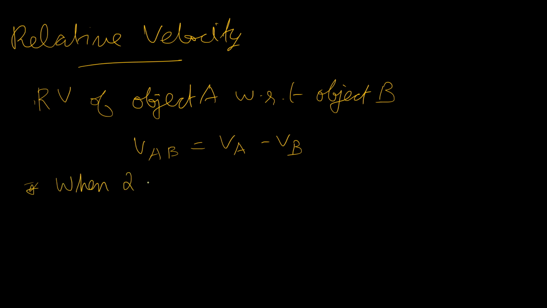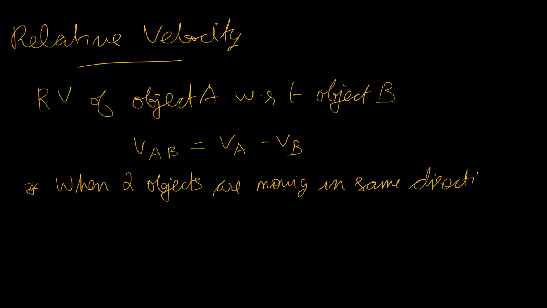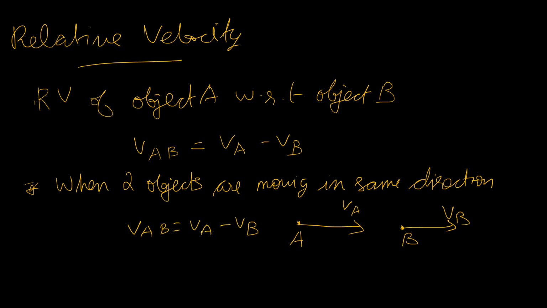When two objects are moving in the same direction, that is, object A is moving east, or to the right, with the velocity VA, and object B is moving east with the velocity VB, then the relative velocity is given by VAB is equal to VA minus VB. Standard formula.